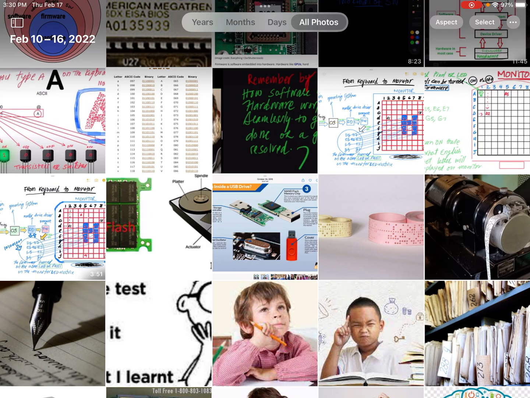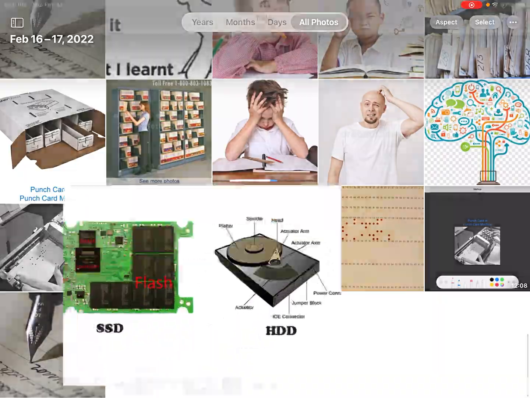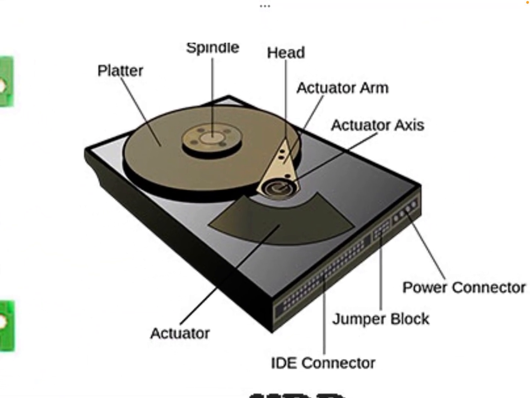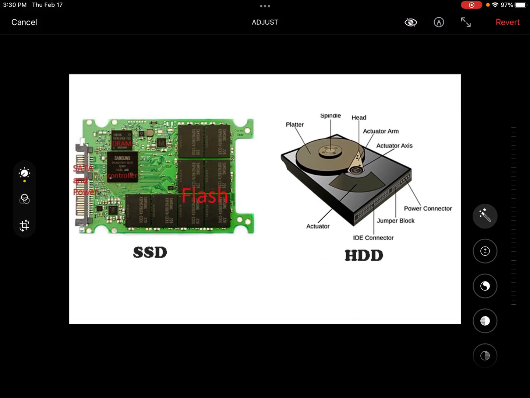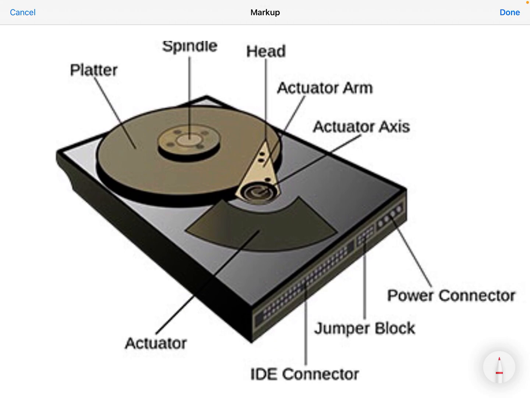Then came the second generation of hard disk drives. We're looking at one hard disk drive here. The reason it is called a hard disk is that it has these metal hard platters, or round discs, and they spin.